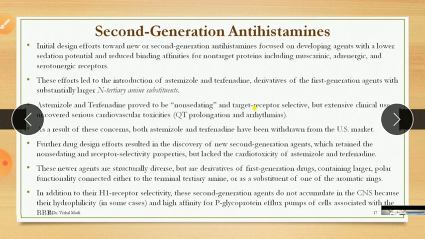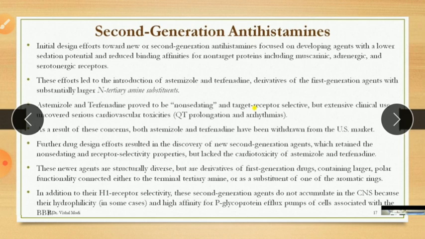Further, drug design efforts resulted in the discovery of new second generation agents which retain non-sedating receptor selectivity but lack the cardiotoxicity of astemizole and terfenadine.